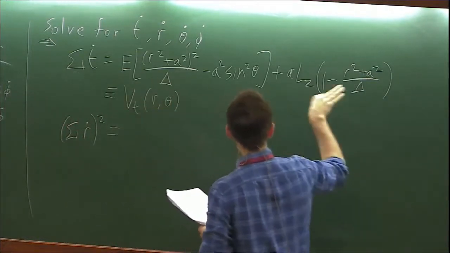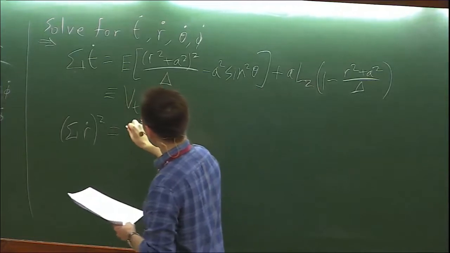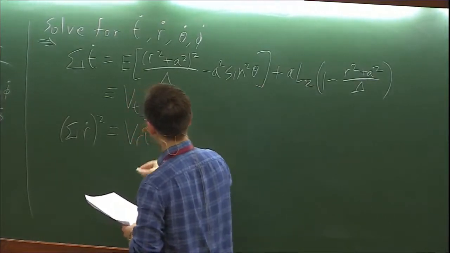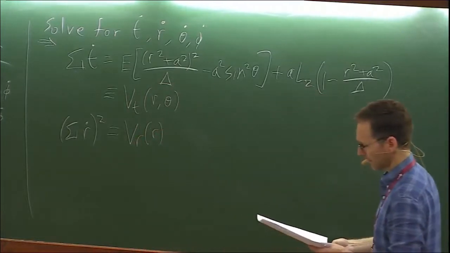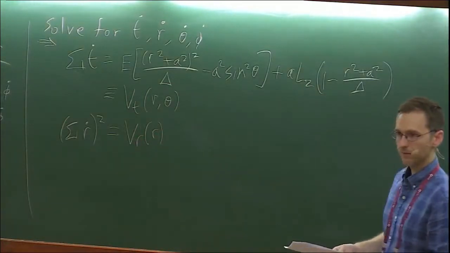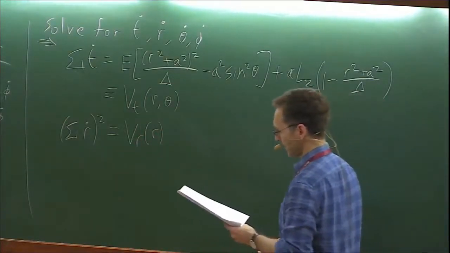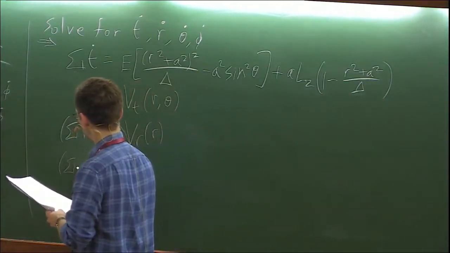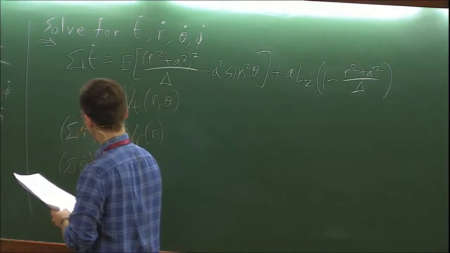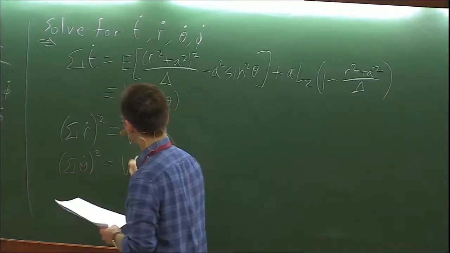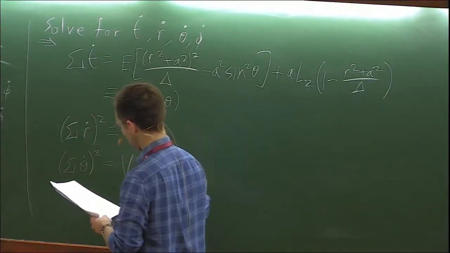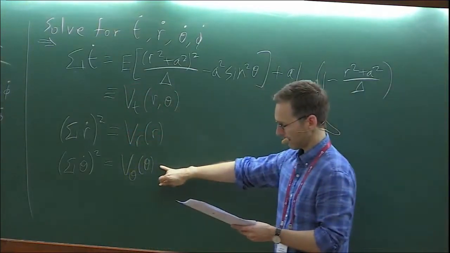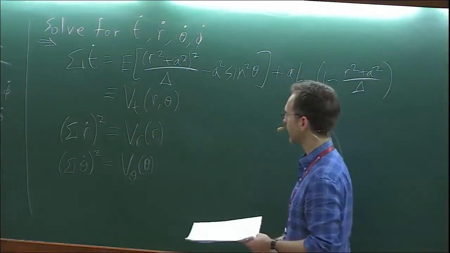I won't write out what it is, but the key thing is that it only depends on r. It doesn't depend on even theta. Then for theta dot, we get some function only of theta, no dependence on r.